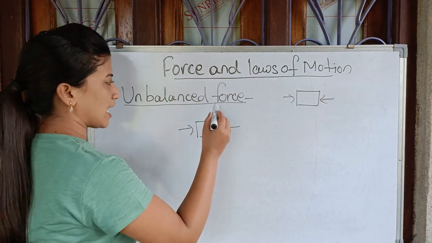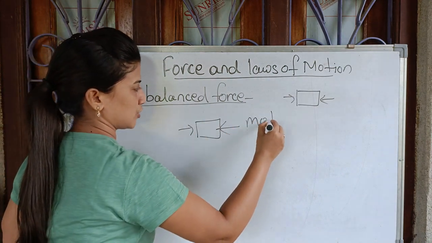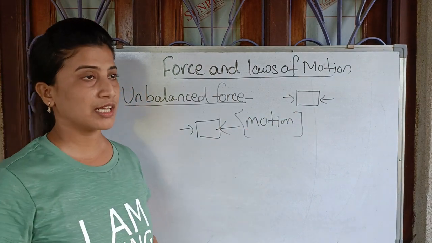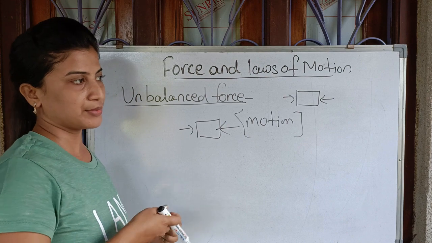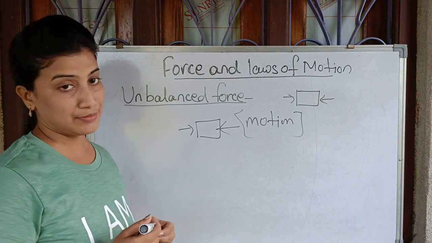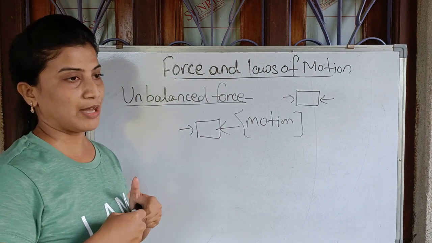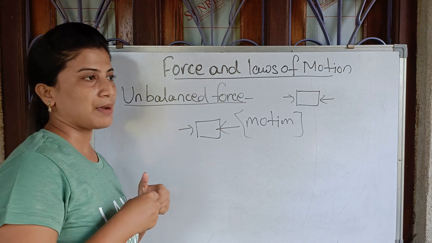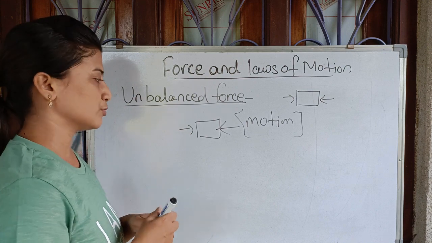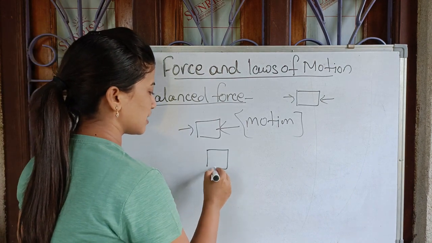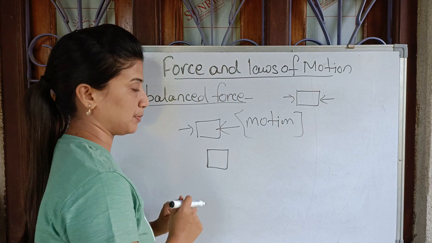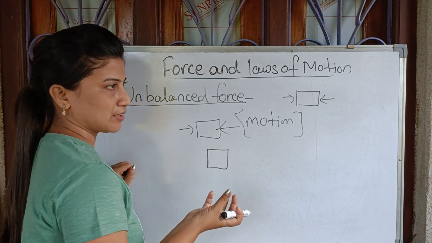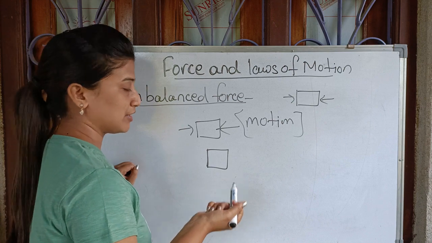Means a body needs unbalanced force to have motion. Just to have an accelerated motion, just to start motion from rest, the body must have unbalanced force. If a body gets balanced force, then the body will not move. But when the force becomes unbalanced, then the body will start to move. I can give an example. Just imagine this is a very big stone kept here. The stone is obviously having some frictional force, it is having some gravitational force.